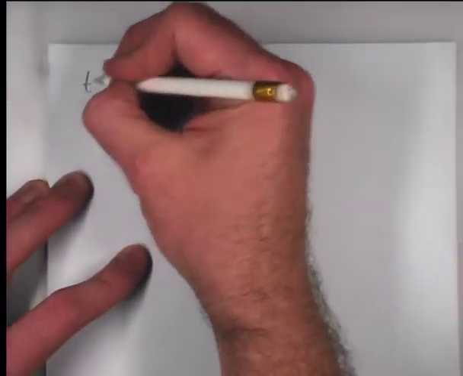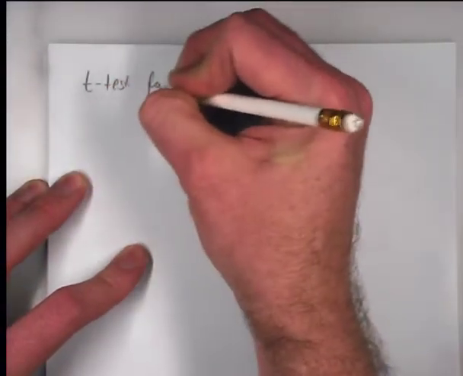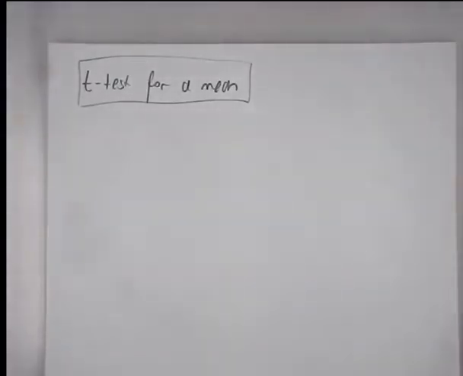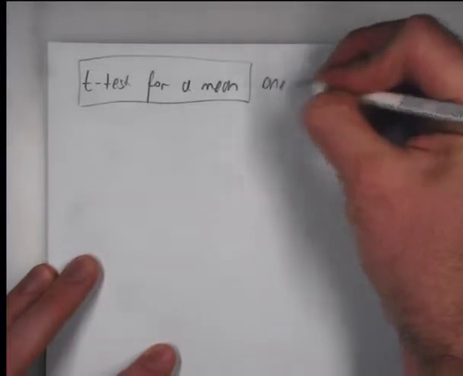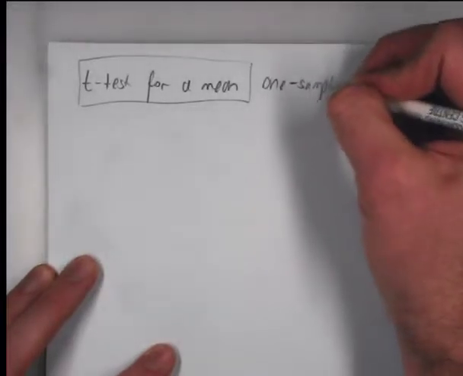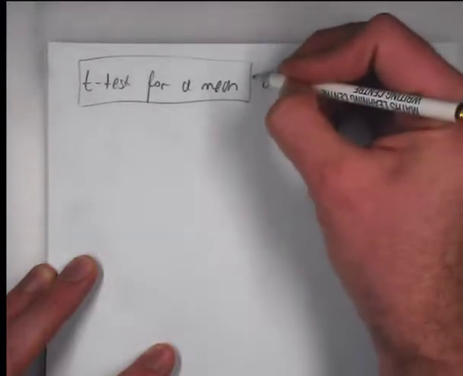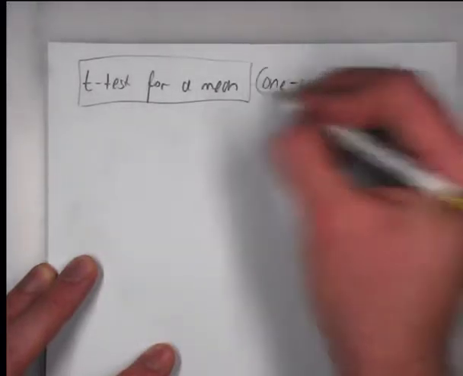The next one is the T-test for a mean, also known as the one sample T-test, which I think is what he's called it. That's another option for what it's called.